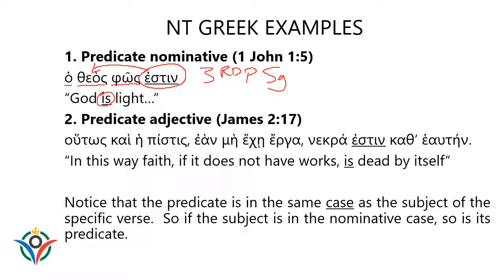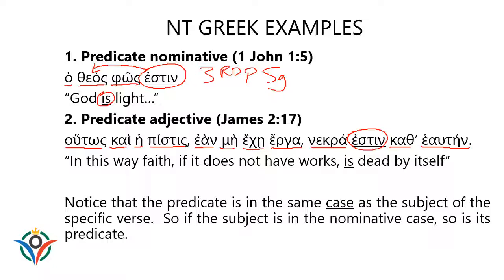Take a look at the second example regarding the predicate adjective from James 2 verse 17. And there we have our Greek text, which says houtos kai he pistis ean me echei erga nekra estin kath' heautēn. So once again, why do we have the third person singular form?